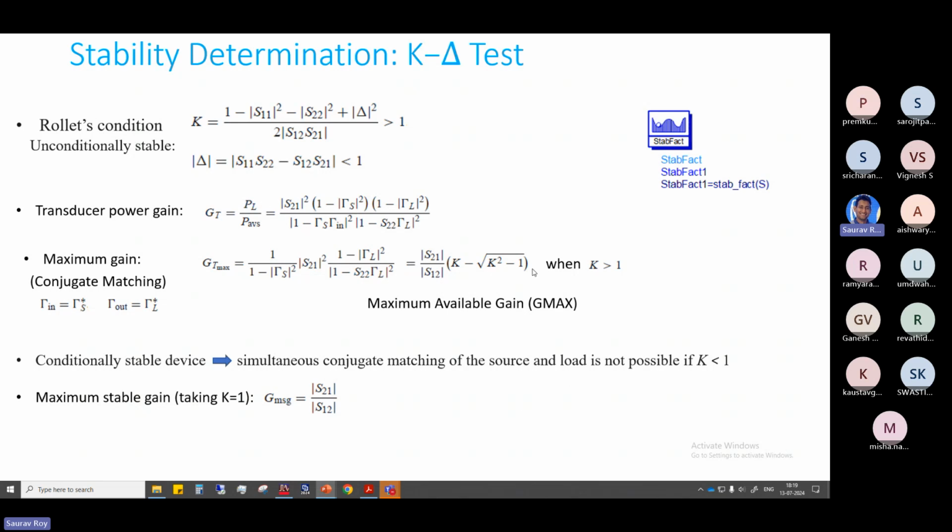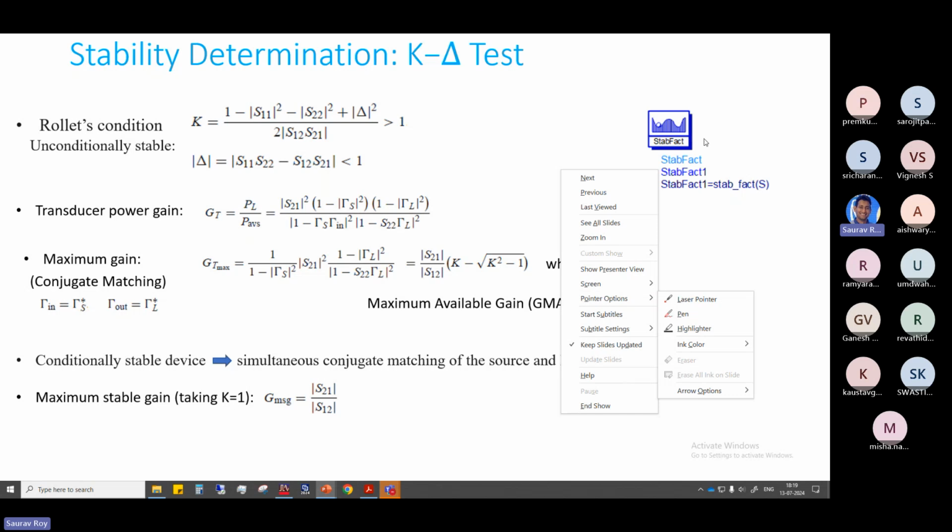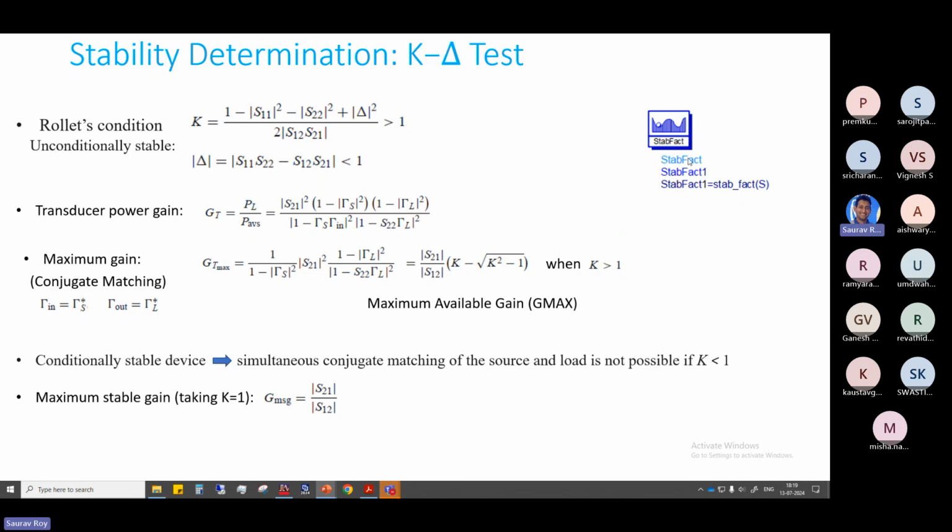The first step, as I told you, is stability determination, where we take the K delta test. For unconditionally stable, K should be greater than 1 and the magnitude of delta should be less than 1. This model shows how it can be calculated in ADS. On the right side, this image shows the stability factor.